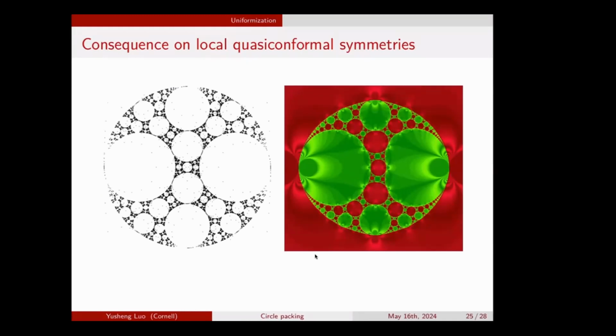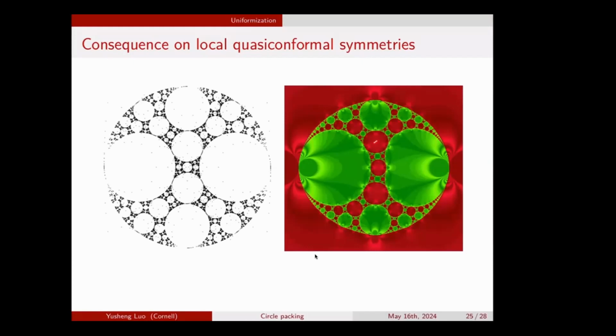In fact, every contact point is eventually mapped to this particular point, and this particular point is parabolic with multiplicity 3. Okay, so our theorem applies to this gasket Julia set. So we can uniformize this by a quasi-conformal map to an actual round circle packing.